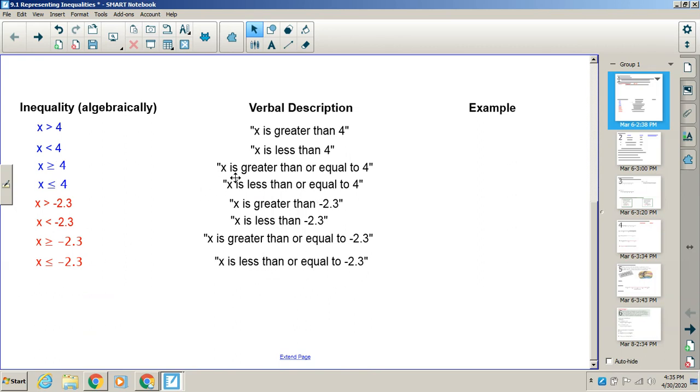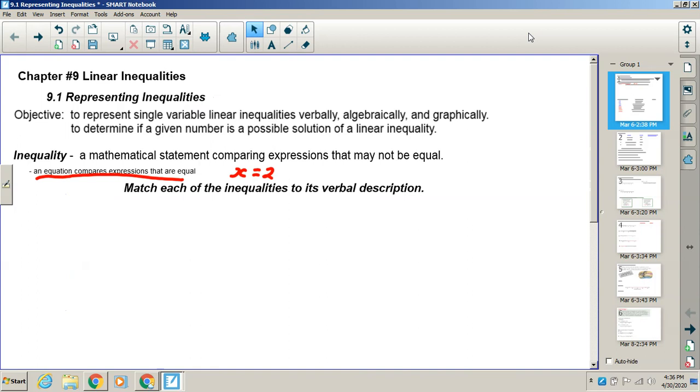So if we're going to give examples of these, we could write unlimited numbers of examples. X is greater than 4, we could list endless numbers that are greater than 4 that would satisfy that inequality. This is what an inequality looks like. When we eventually get to solving them, that's what your answer is going to look like. These are just verbal descriptions of that algebraic statement. So that's all inequalities are.